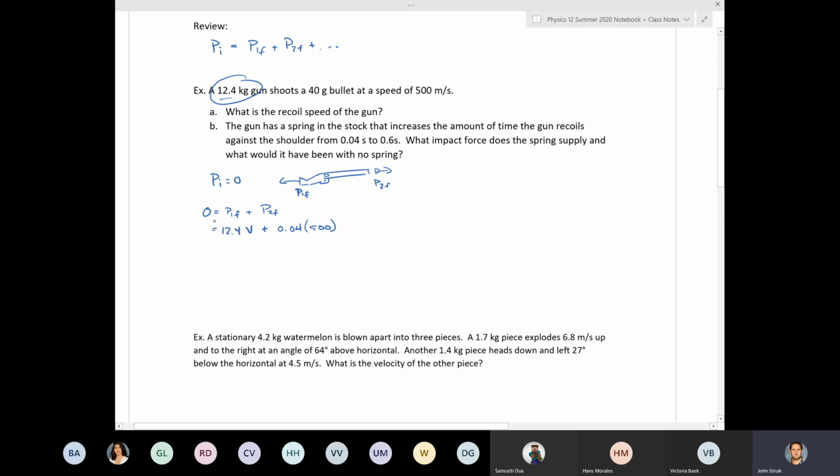And this has to equal 0. 0.04 times 500 is 20, so I can move that over: negative 20 equals 12.4 V. I'm subtracting it from both sides and then dividing by 12.4, and I get a V of negative 1.6 meters per second. It makes sense that it's negative, because the way I drew it, the bullet's going to the right, which is positive, and the gun's going to the left, which is negative. My answer should come out negative.